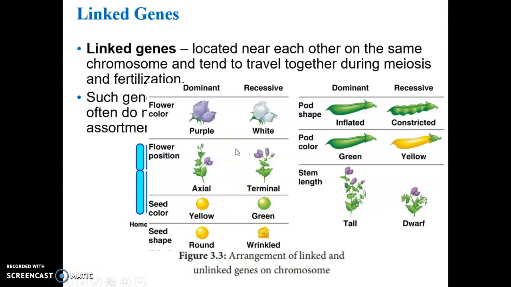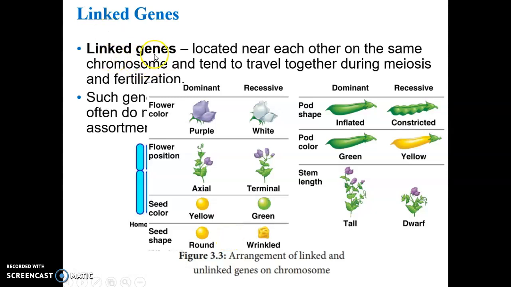One thing that Mendel was, in a way, was lucky, because all 7 of these characters that he examined were determined by alleles, and remember, alleles are different versions of genes, and all of these alleles were on separate chromosomes.